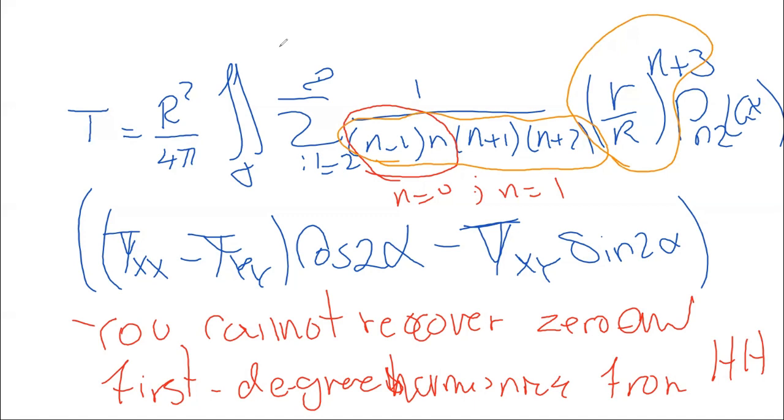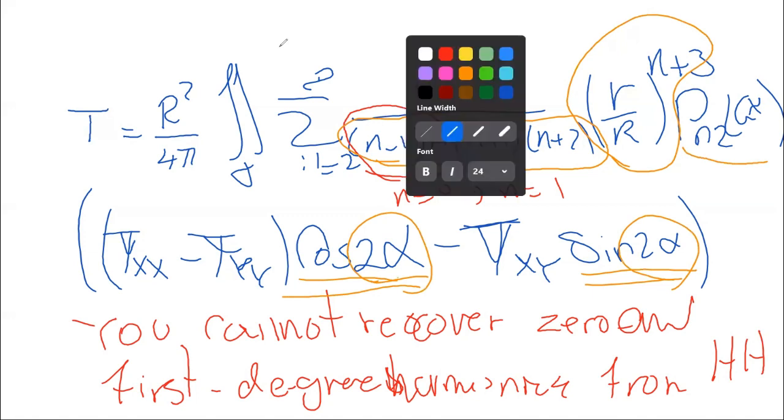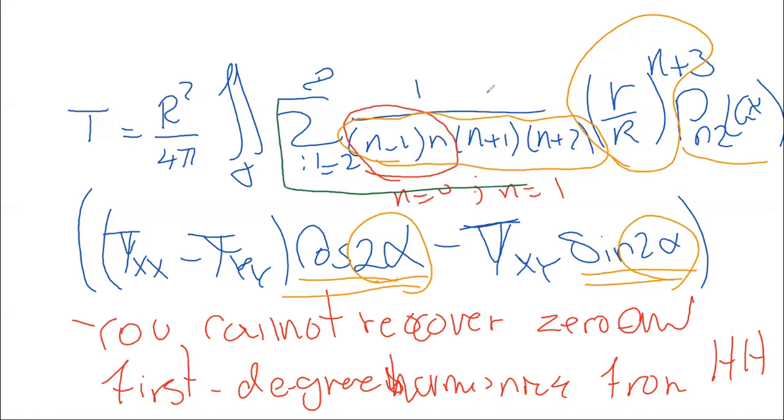But of course, it depends how smooth this function is too. This kernel is not isotropic because of the involvement of this alpha, azimuth, but this part we call the isotropic part of the kernel.